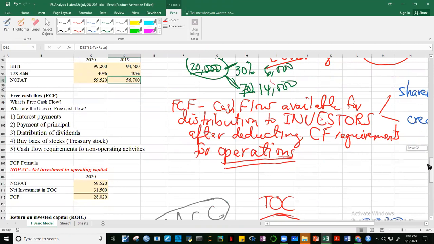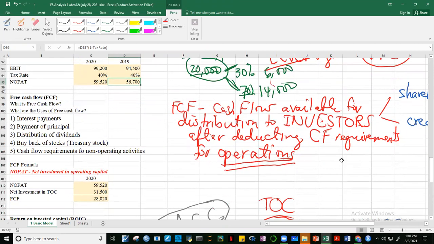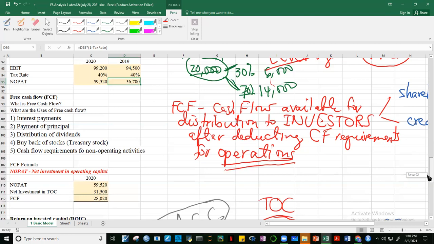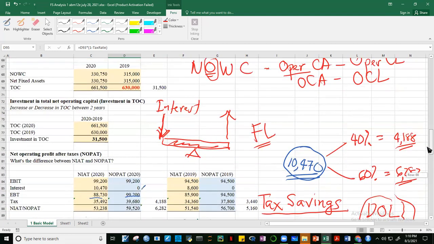We now go to free cash flow, guys. Another important concept. Free cash flow is the cash flow available for distribution to investors, our shareholders and creditors, after deducting cash flow requirements for operations. What are our cash flow requirements for operations for 2020?